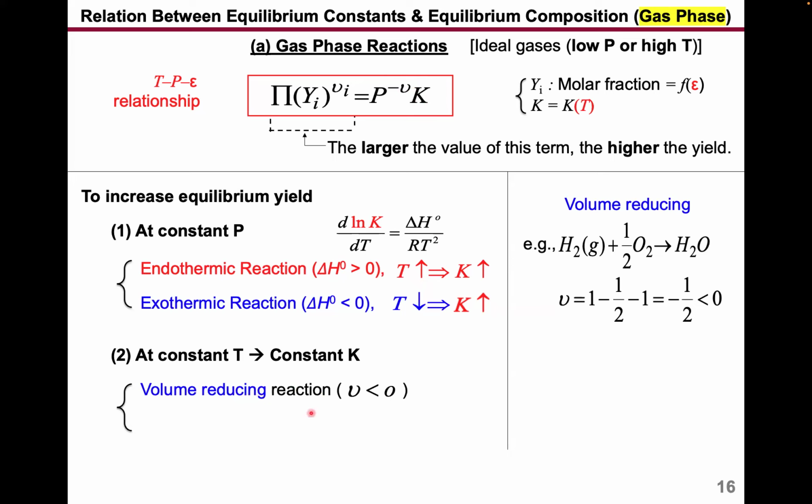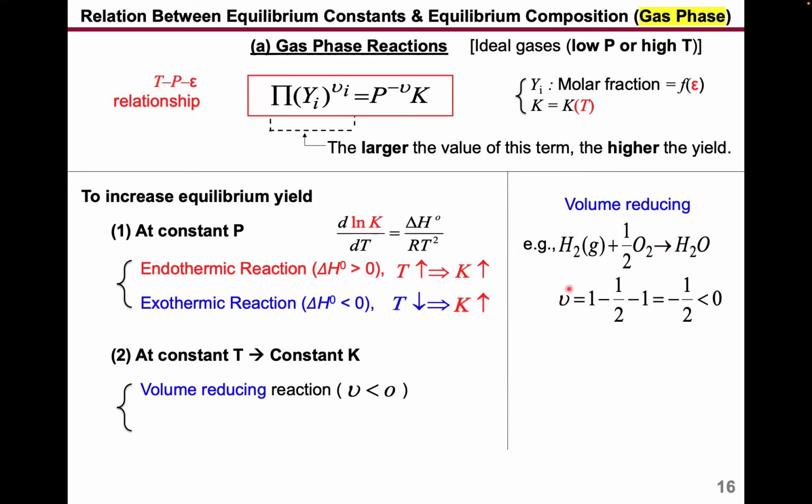One is a volume reducing reaction, so ν is smaller than zero, or negative. Basically the summation of νi, the summation of your stoichiometric coefficients, is negative. For example, if you have this reaction, 1 mole of H2 reacts with 0.5 moles of oxygen, giving you 1 mole of H2O.